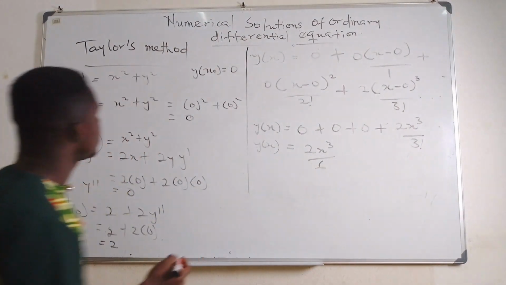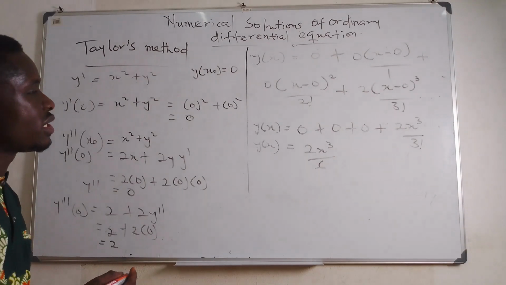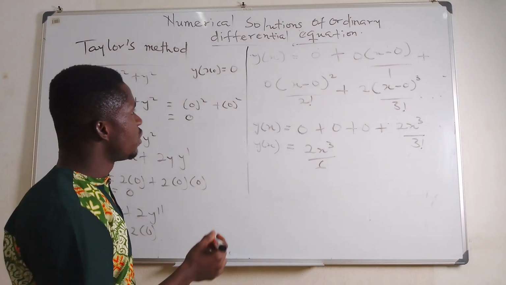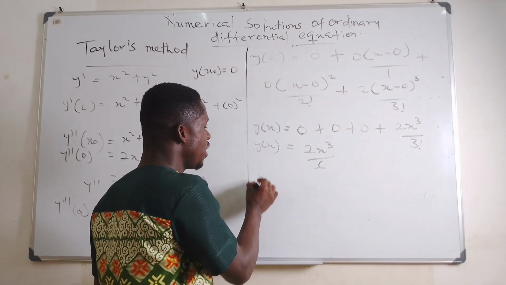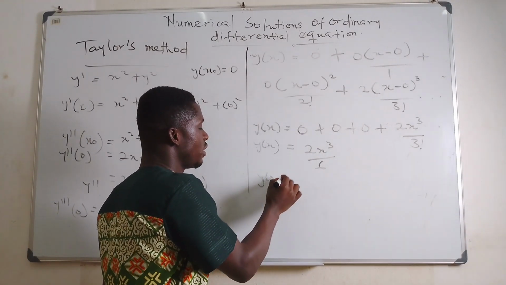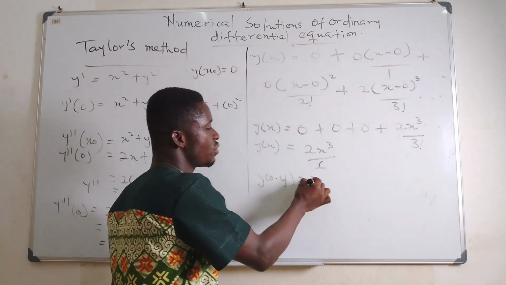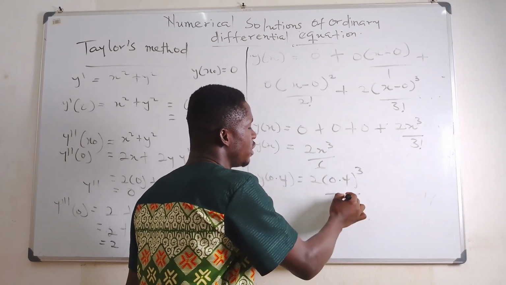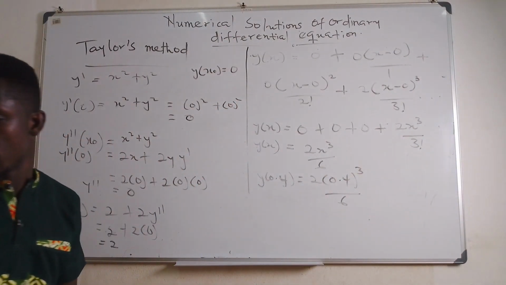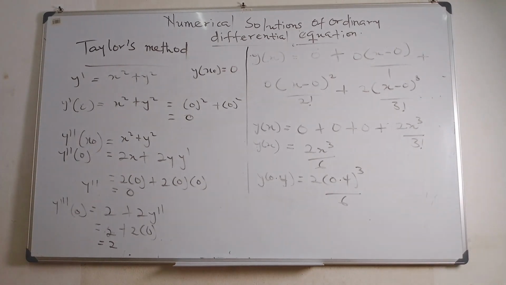And we are asked to approximate it at 0.4. We have to approximate x at 0.4. So it means that y of 0.4 is giving us 2 of 0.4 all cubed divided by 6. So you take your calculator and you punch for the answer.